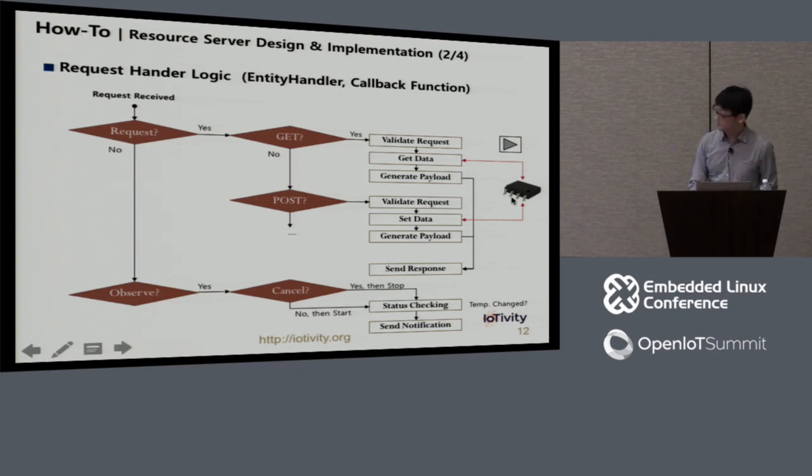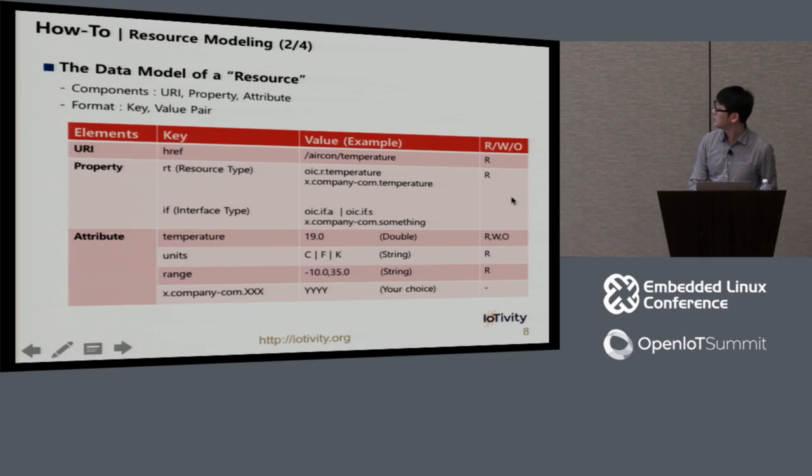For example, let's say the temperature resource type: the only attribute that can be changed is the temperature attribute. Units and range are read only. So if a client sends a POST request with the attribute units with the value Celsius, then that request is not a valid one.